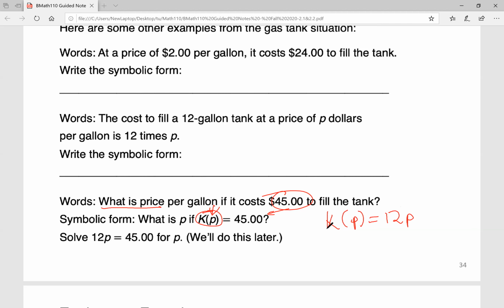So then I can substitute this K(P) to become 12P here. And then I have an equation with respect to P, with the left hand side equal to 12P and the right hand side equal to 45. And then we're gonna solve it for P later. Okay, let's do it. So clean this up and move down.